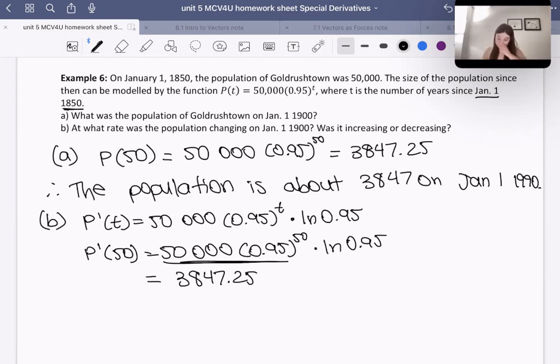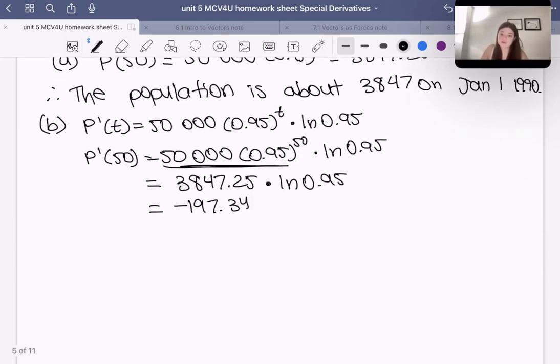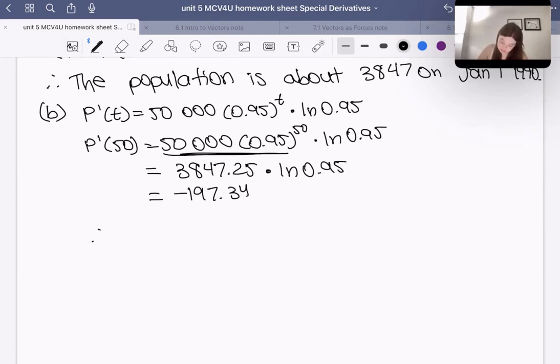Okay, times ln 0.95. And that is equal to negative 197.34. So therefore, it is decreasing at a rate.